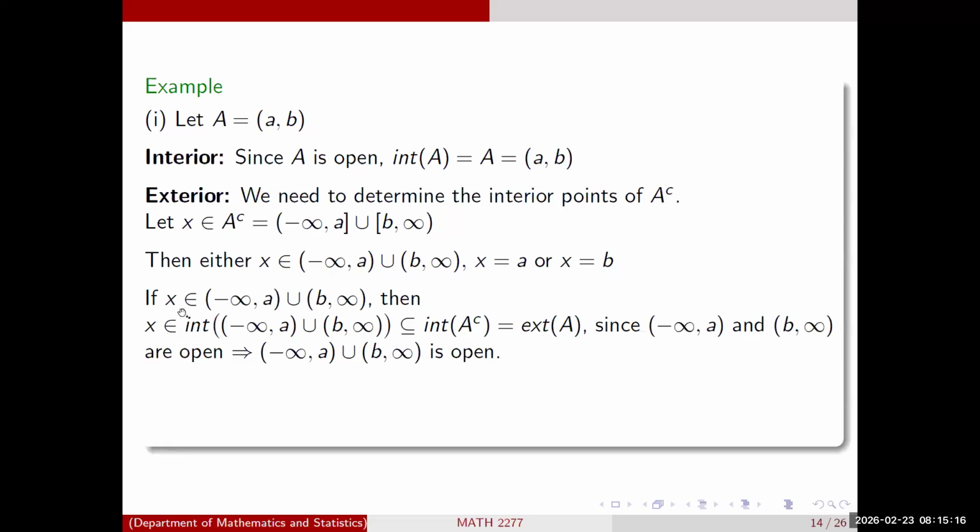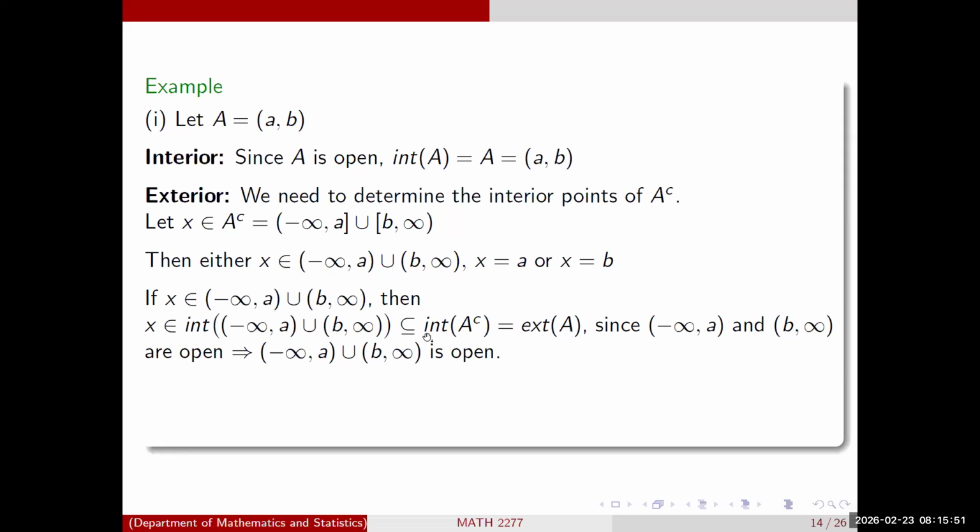In the first case, x belongs to minus infinity to A union B to infinity. Remember that these are open intervals, so these are open sets, and the union of two open sets is an open set. So this set and its interior are the same. That means x belongs to this interior. And the interior of this set is contained in the interior of the big set, A complement.